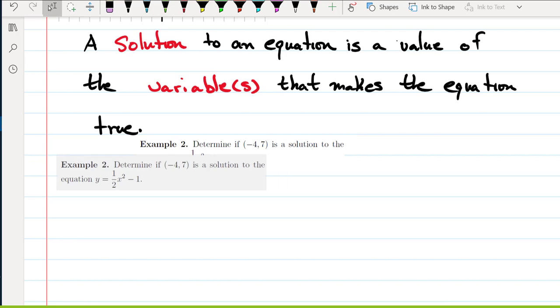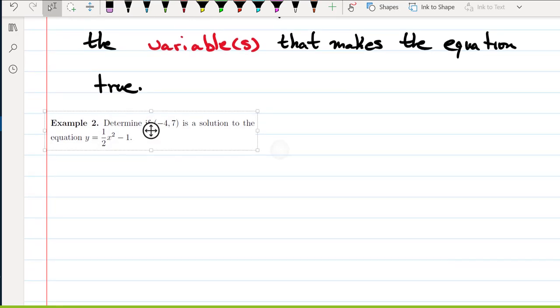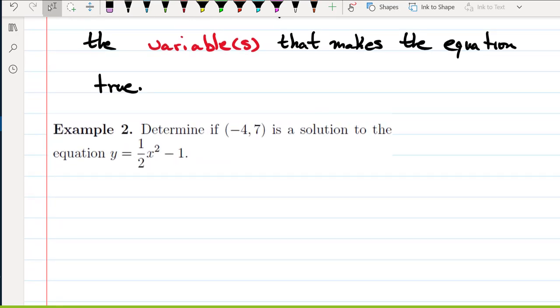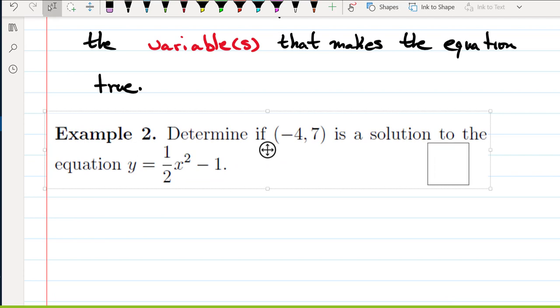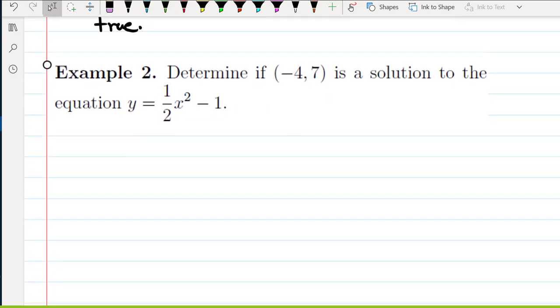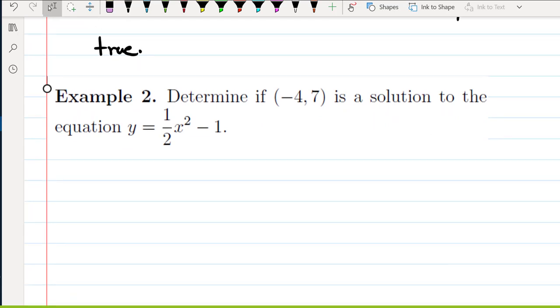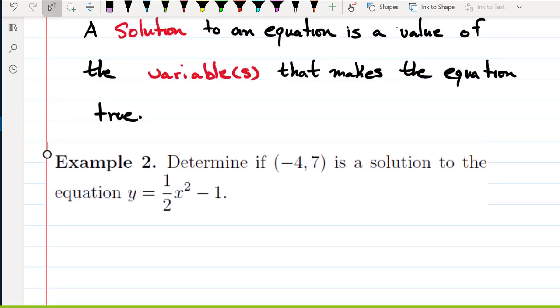Example 2 says determine if -4, 7 is a solution to the equation y equals 1/2 x squared take away 1. According to our definition, a solution to an equation is a value of the variable or variables that makes the equation true.